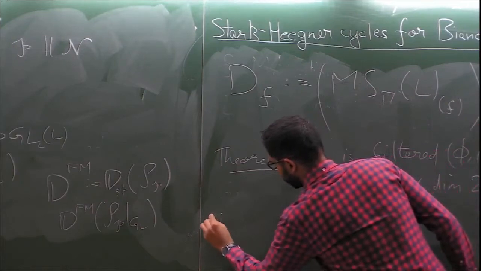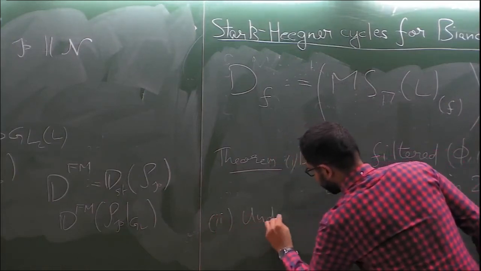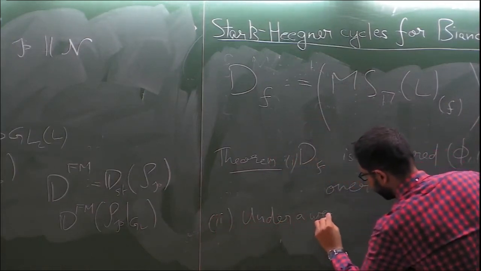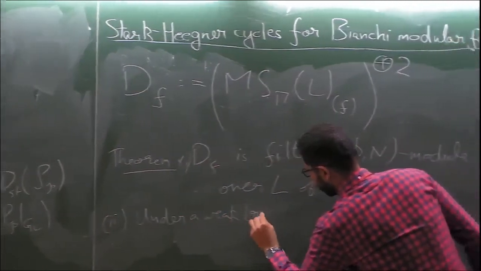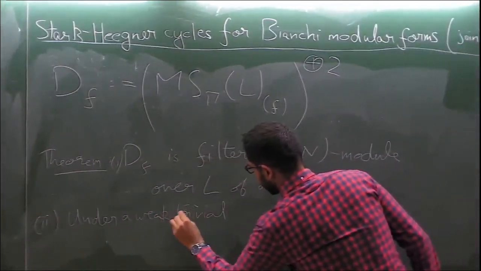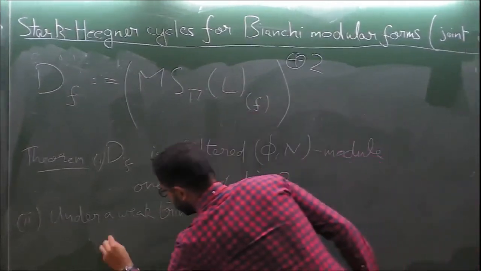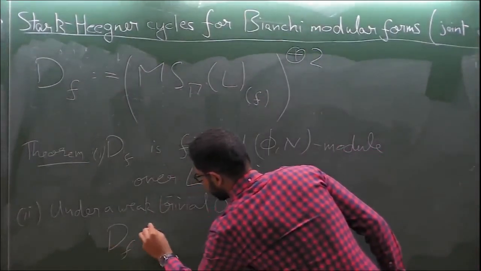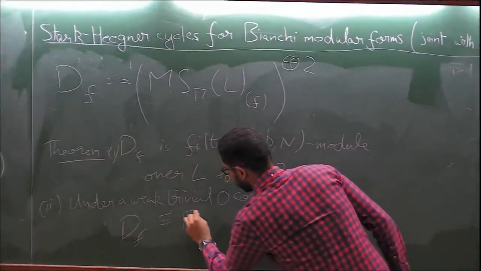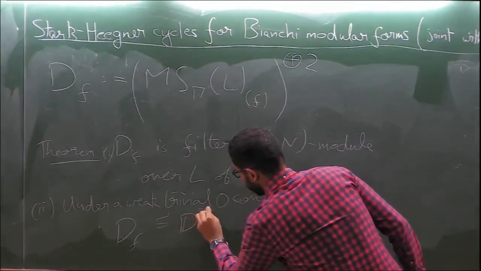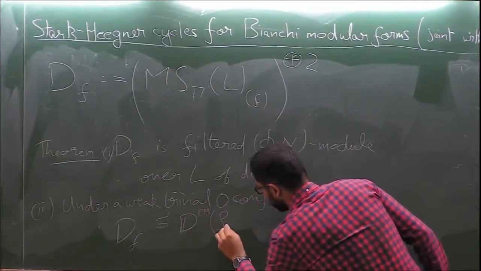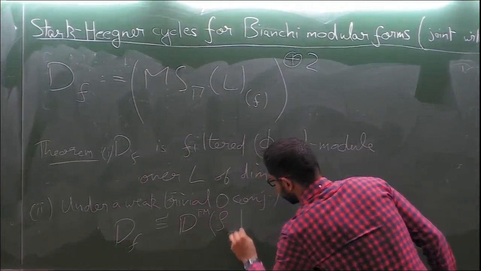Part two is that under a weak trivial zero conjecture, Df is isomorphic to D_FM of rho P restricted to G_L.